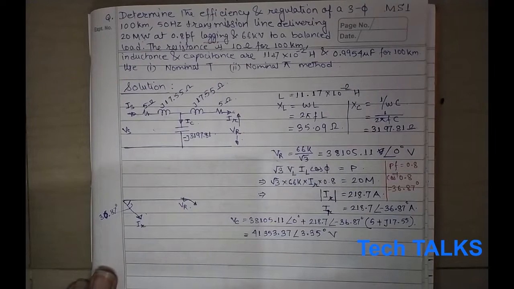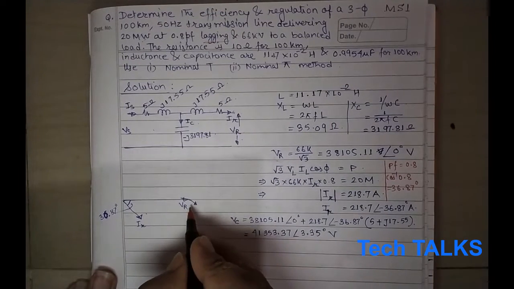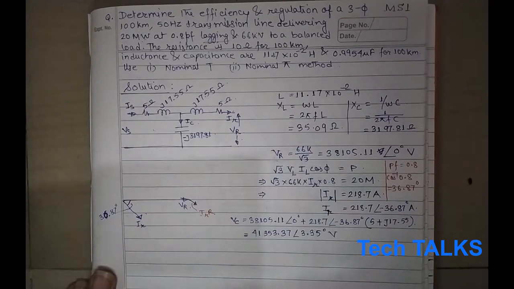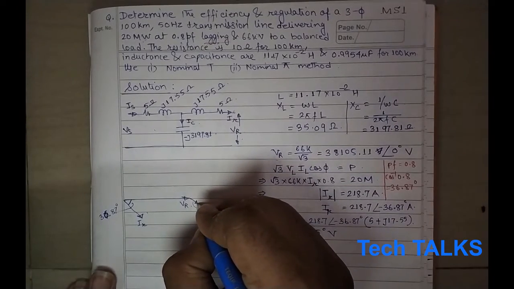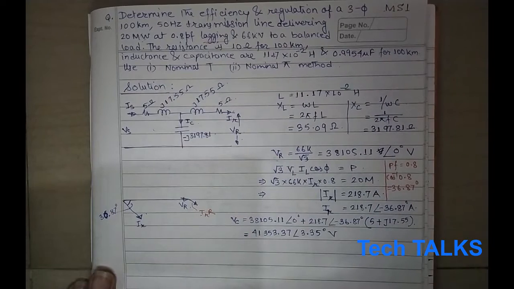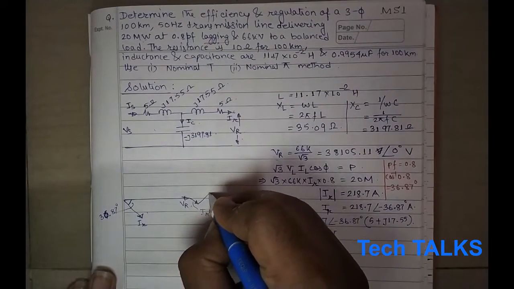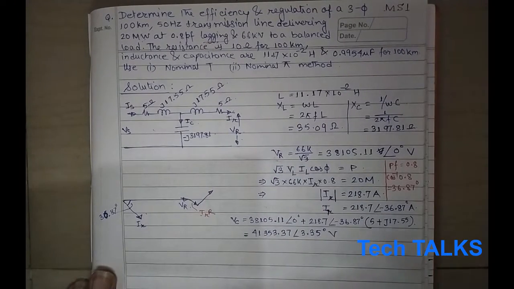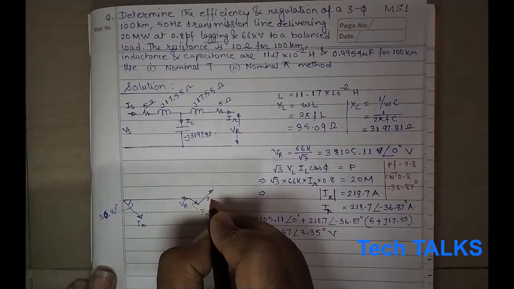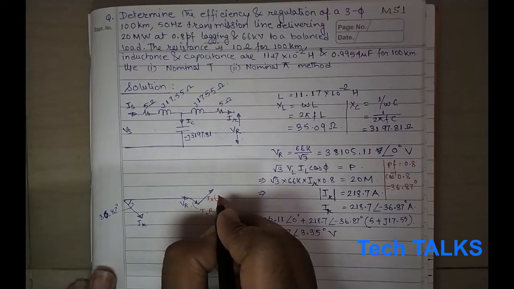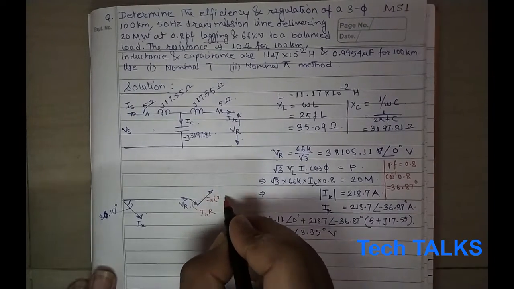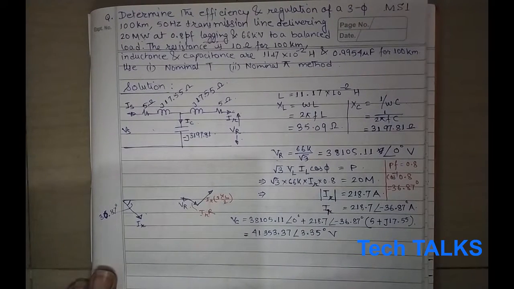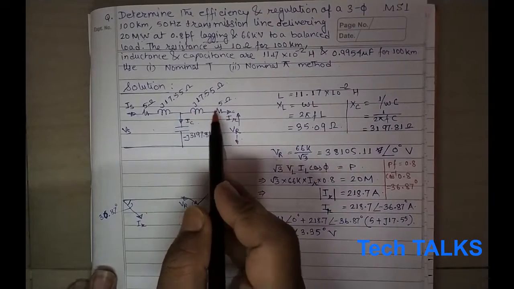This part is IR into R. This one is IR into JXL by 2, that is this part and this part.